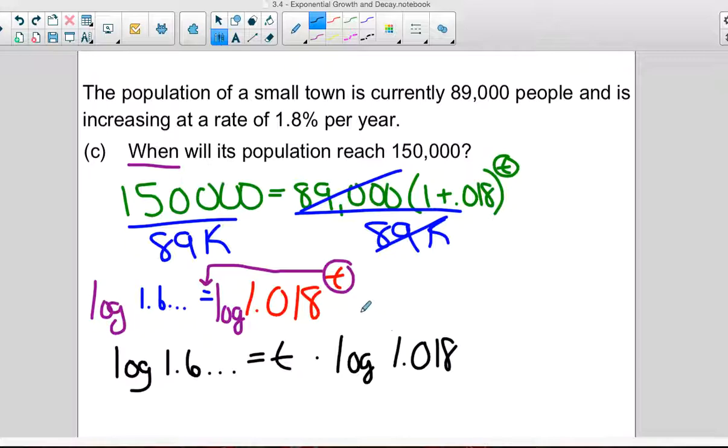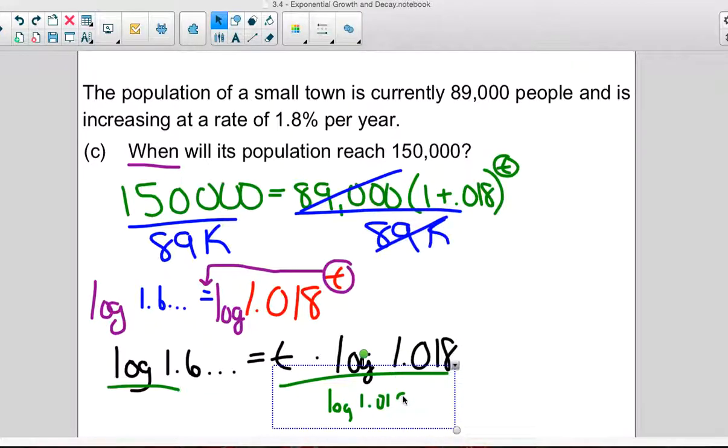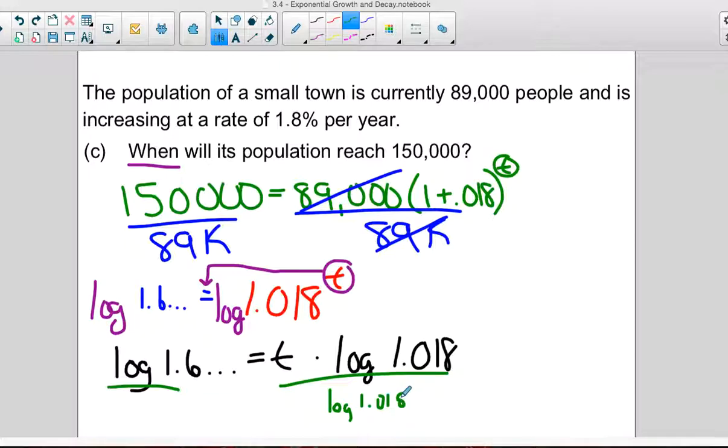So the t comes out in front, which means you're only going to have to get this by itself by simply dividing both sides by log of 1.018, which is just a number, it's just an operation. And if you did it to one side, you got to do it to both sides. And that would cancel these out, and then voila, you've gotten t by itself.